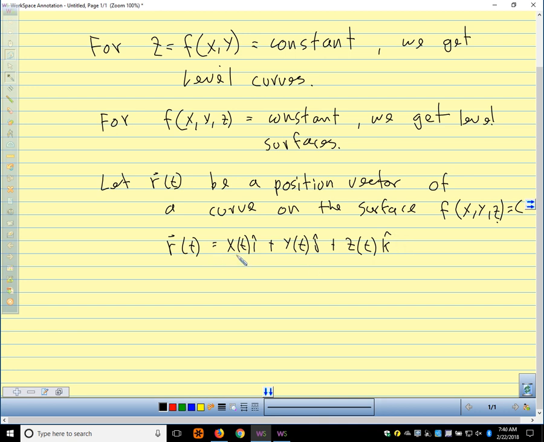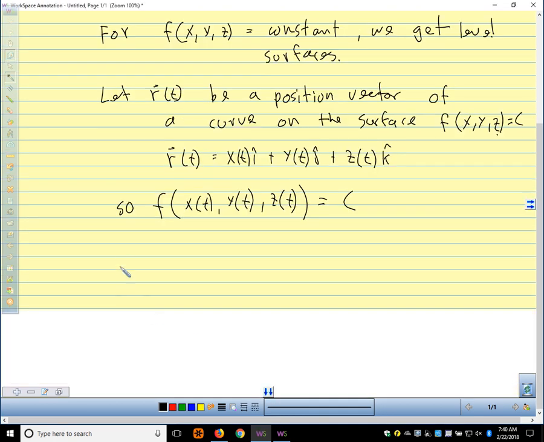Since x, y, and z are on this surface, we can write that f of x of t, y of t, z of t equals a constant. Since this curve is on the surface, that's going to be true. And then we can use a chain rule to find the derivative of f with respect to t.